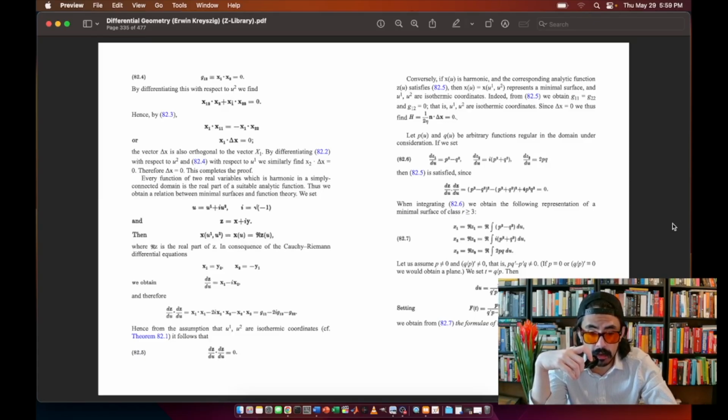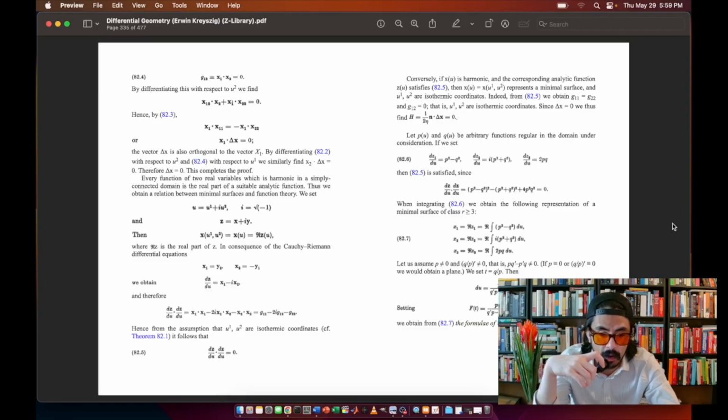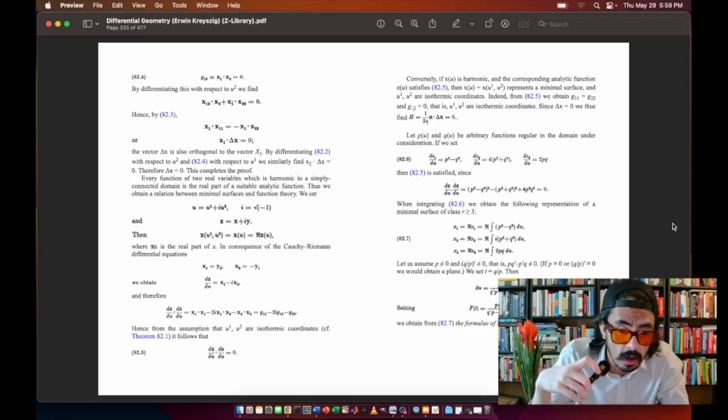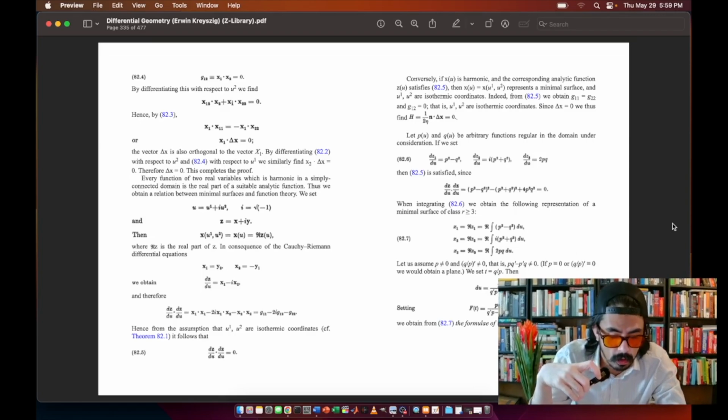By differentiating this with respect to isothermic coordinate u2, we now have the scalar product of x sub 1 2 with x sub 2 plus the scalar product of x sub 1 with x sub 2 2 equals 0.